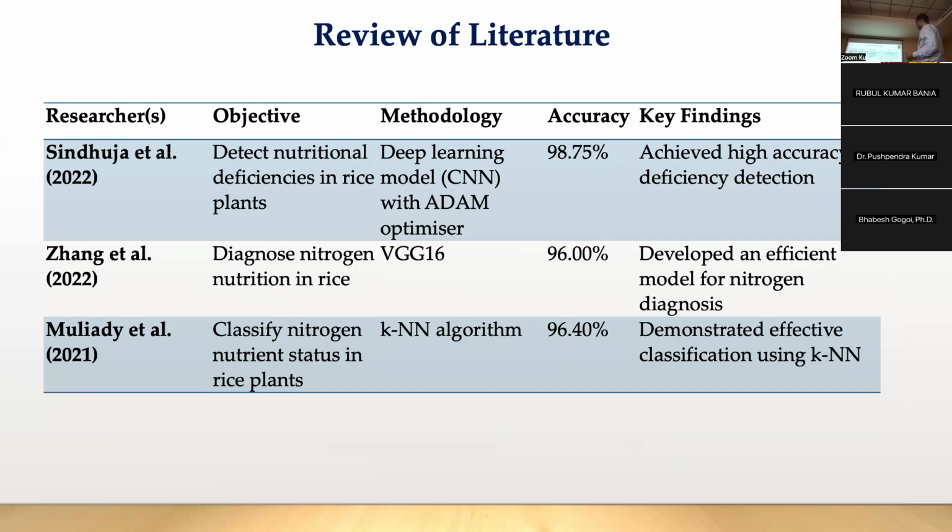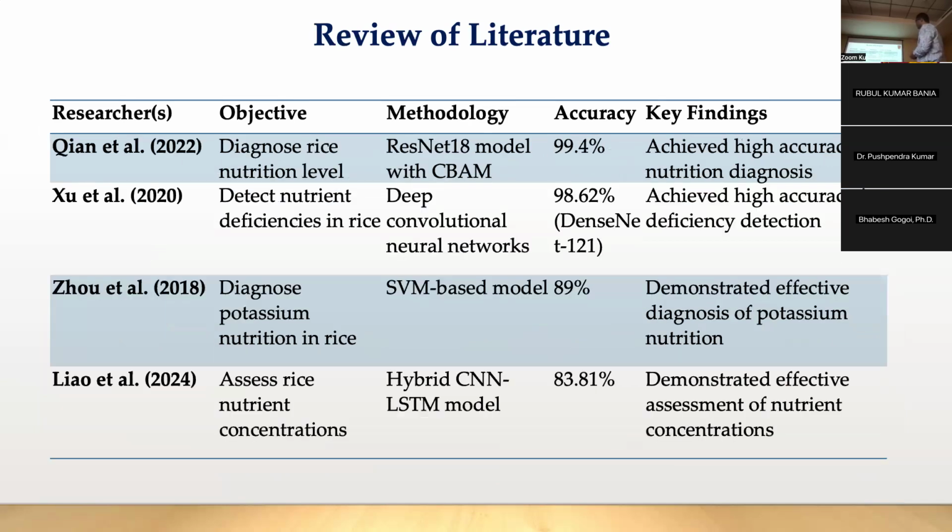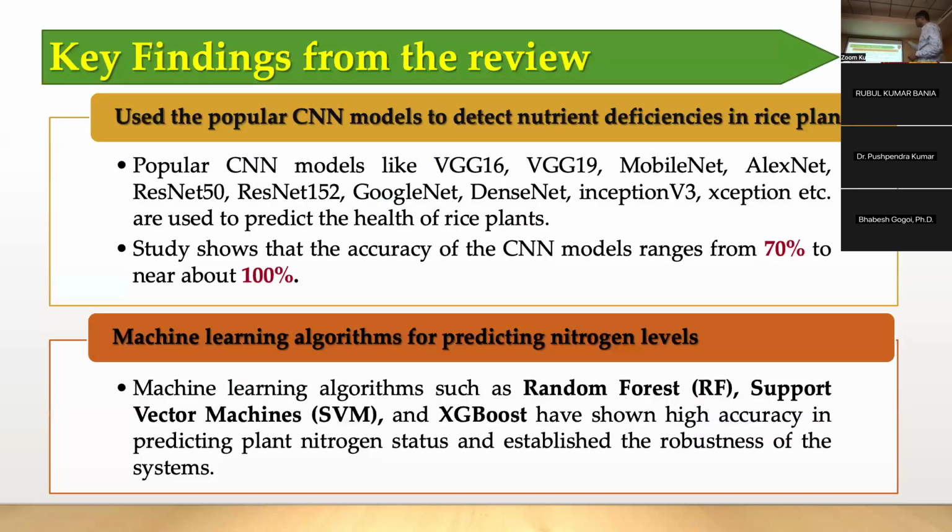So we have seen from this that most of the deep learning models, most of the CNN models like VGG16, VGG19, MobileNet, AlexNet, ResNet50, ResNet152, GoogleNet, DenseNet, Inception V3, Xception, etc., are used to predict the health of rice plants.